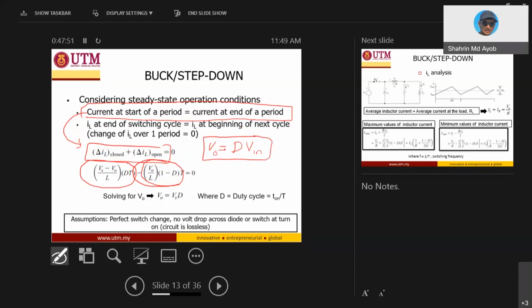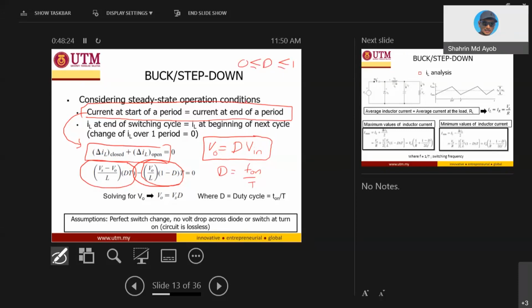From the analysis of switch on and switch off, we obtain the relationship between V out and V input. And what is D? D is your duty cycle, which is T on over T. So your duty cycle is just a ratio. Meaning that your D maximum is 1, minimum is 0.